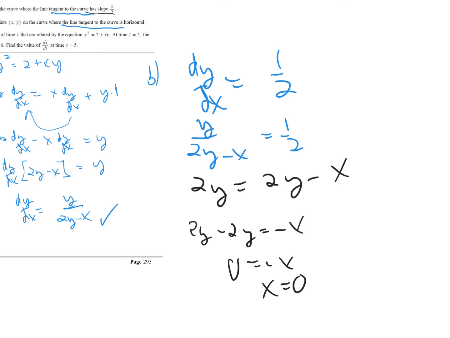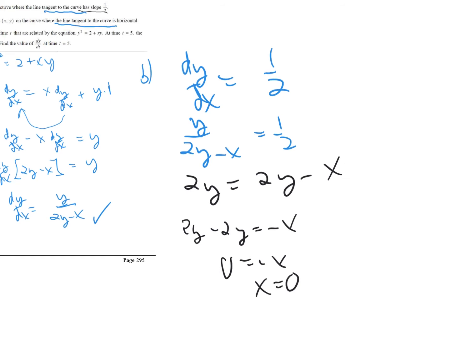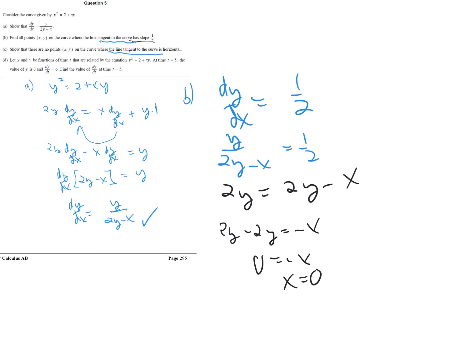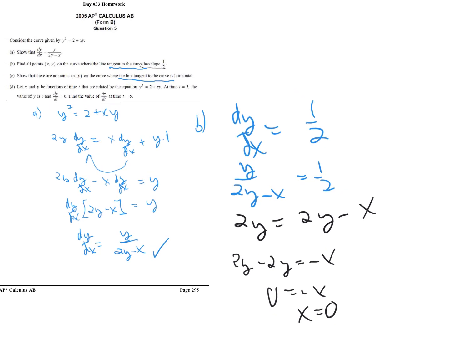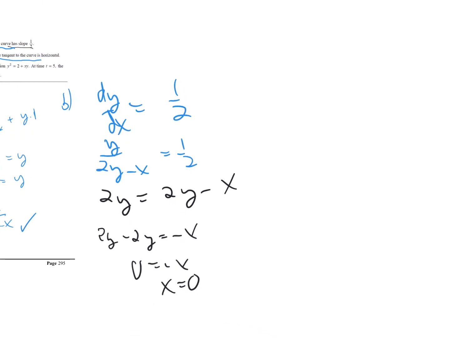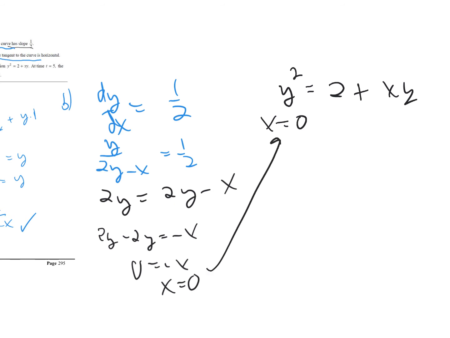Now, if x is 0, let's go up to my function again, which was y squared equals 2 plus xy. Let's use x is 0, because then that will tell me what y will be when x was 0.